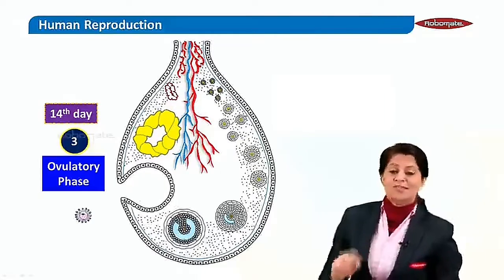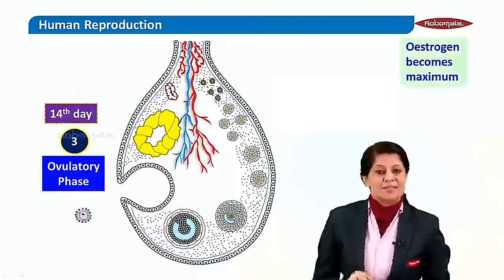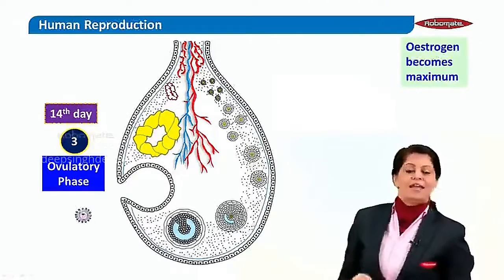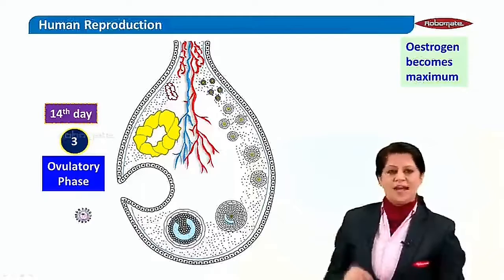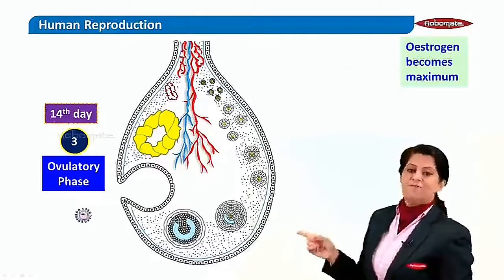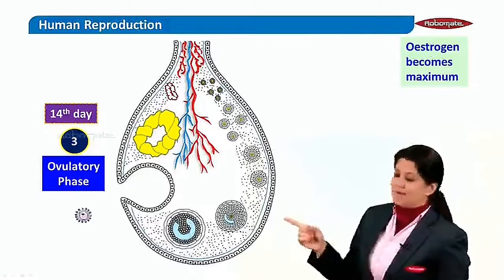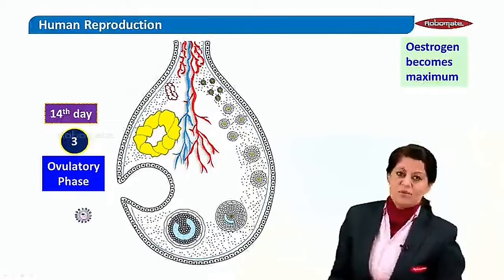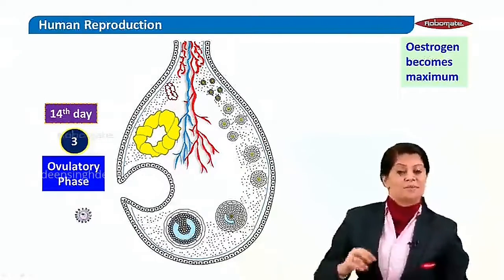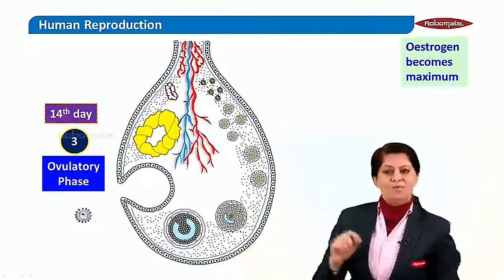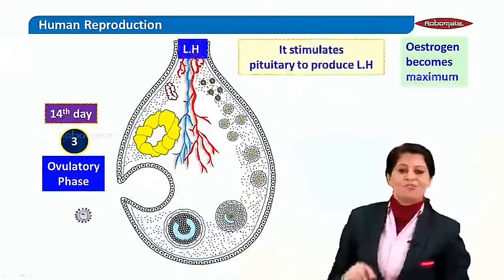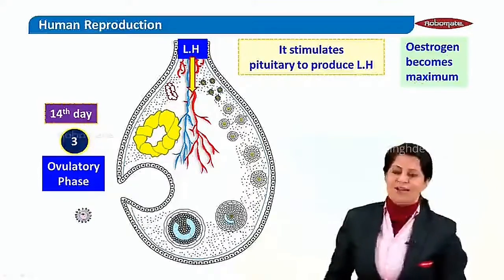Now in this phase, students, estrogen has reached its maximum level in the menstrual cycle. How was that? Because the Graafian follicle was there, and the Graafian follicle releases a surge of estrogen. So when estrogen becomes maximum, that stimulates your master gland, the pituitary gland, to release which hormone now?